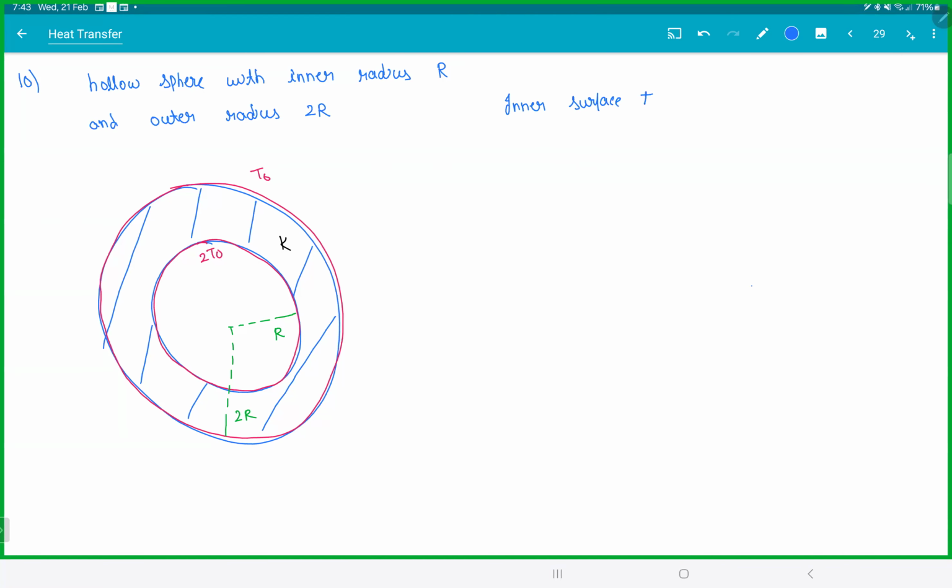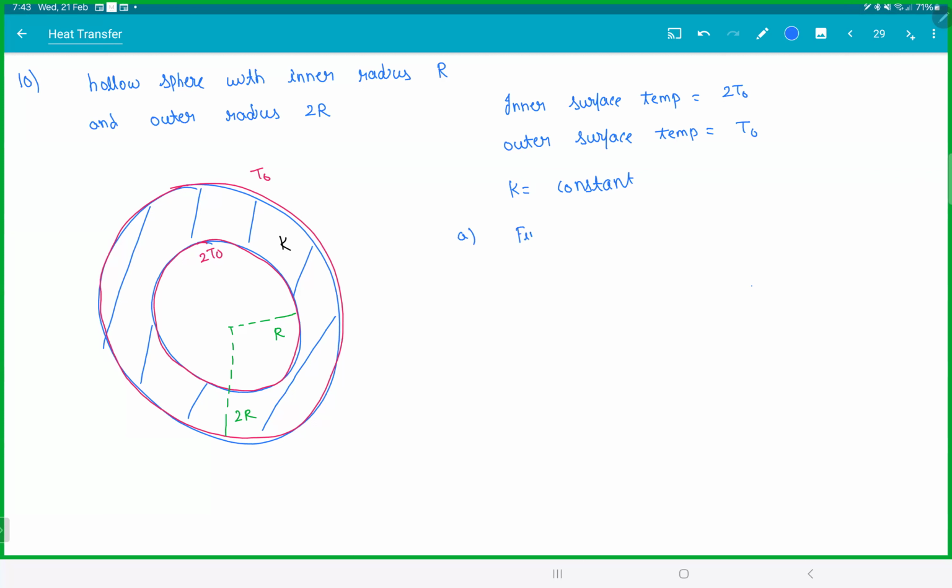Inner surface temperature is 2T naught. Outer surface temperature is T naught. Now, thermal conductivity K is constant.